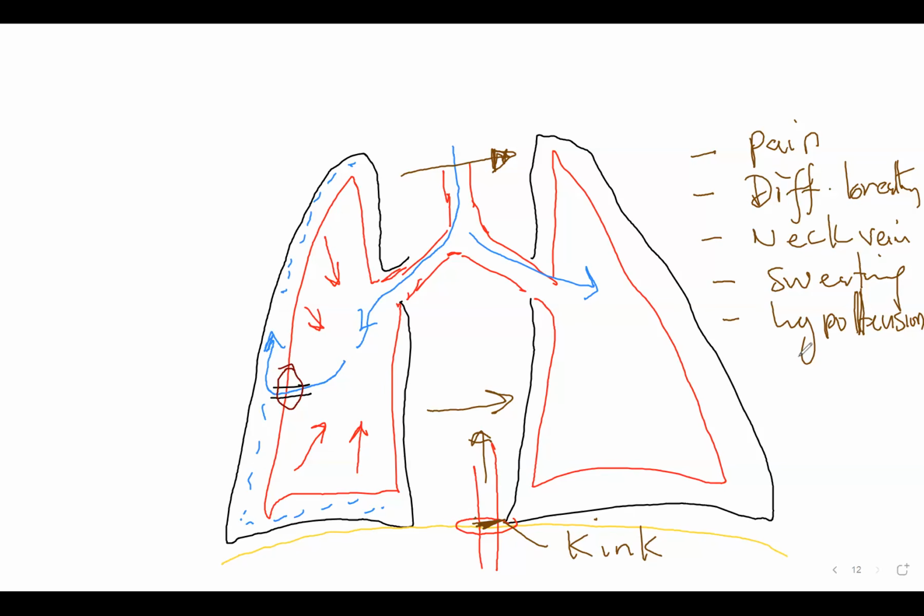Now, what are the X-ray features you see in a patient with tension pneumothorax? The X-ray features, one, there is increased intercostal spacing, okay?